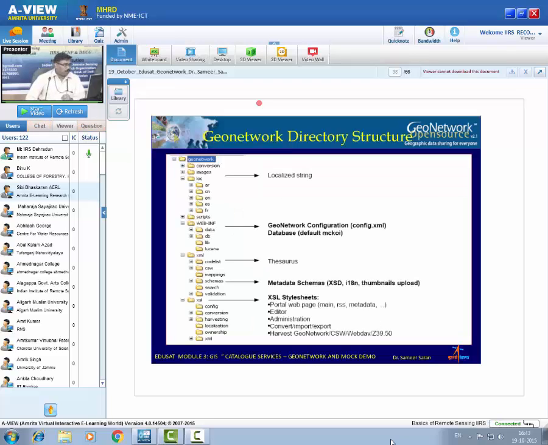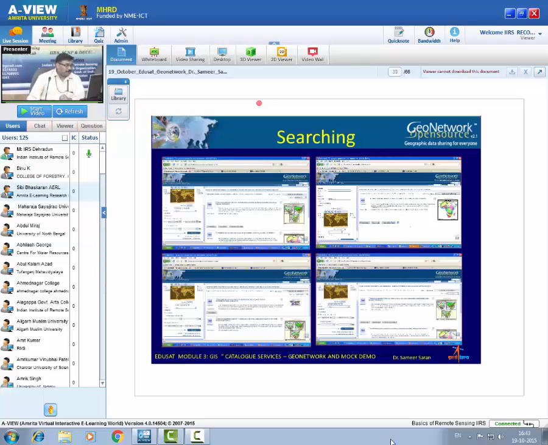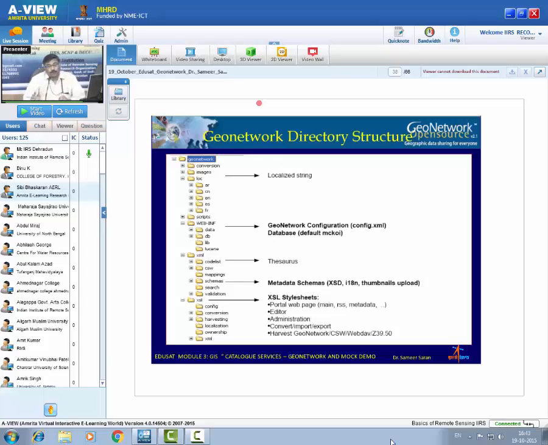So you can easily install this, and Geonetwork also provides you different style sheets. You can directly work on styling, and if you want to change some of the styling, it can even be changed. One more thing is that Geonetwork also provides different languages, because as I already told you, this software has been used by the United Nations, and in fact developed and used by FAO and other international organizations.